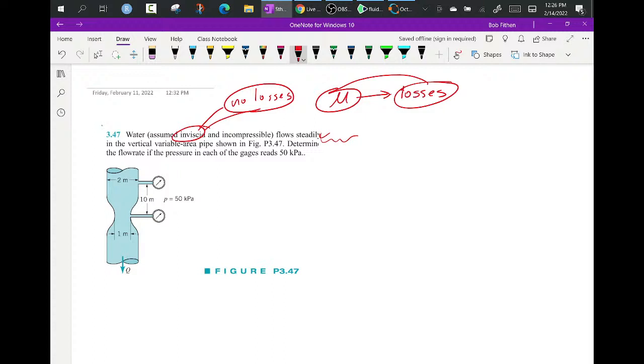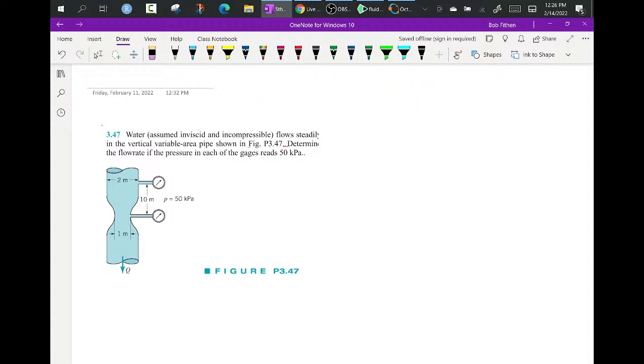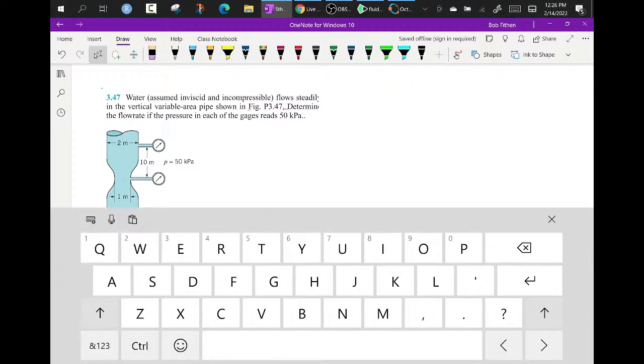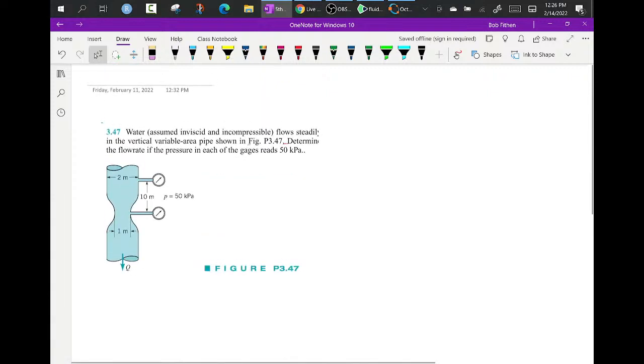In the vertical variable area pipe shown, determine the flow rate if the pressure in each gauge registers 50 kilopascals. Oh boy, SI units.